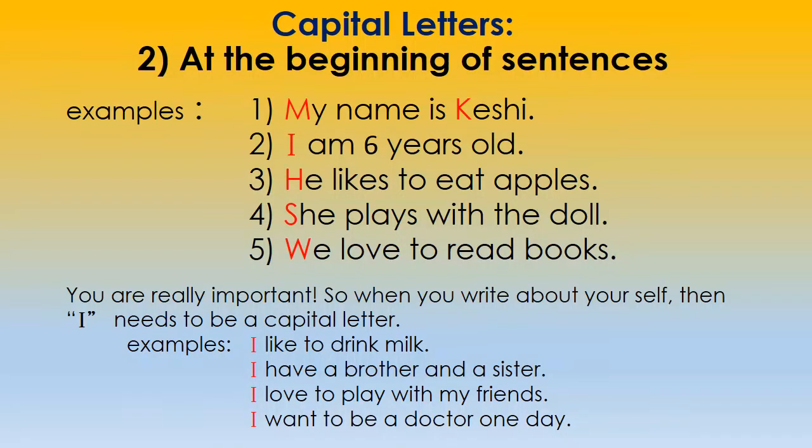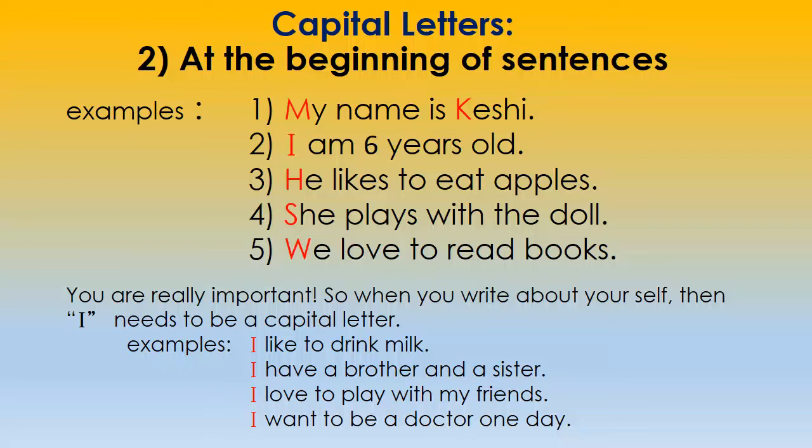There the beginning letter S is written in capital. Fifth sentence, we love to read books. We love to read books. There even you can see the beginning letter W is written in capital and all other letters are small. Alright, children?